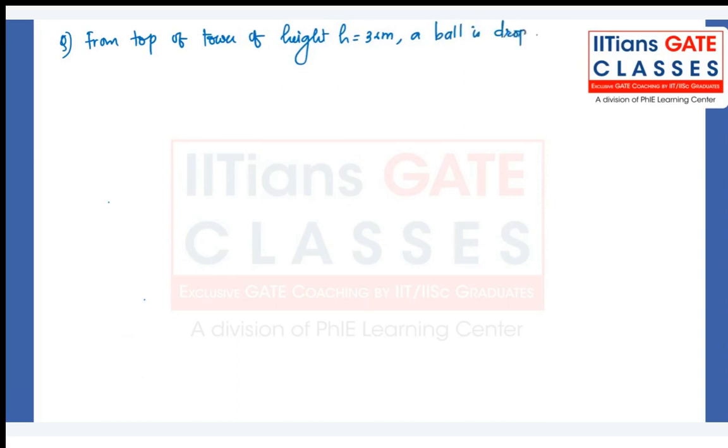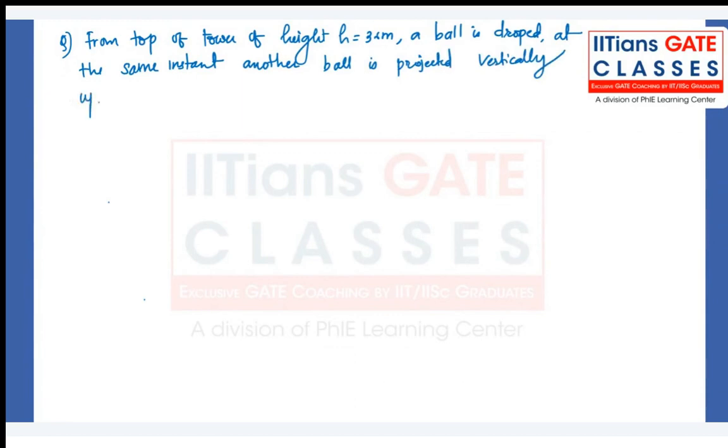At the same instant, another ball is projected vertically upward from the ground with u equal to 18 meters per second.